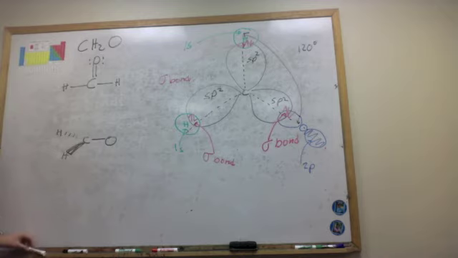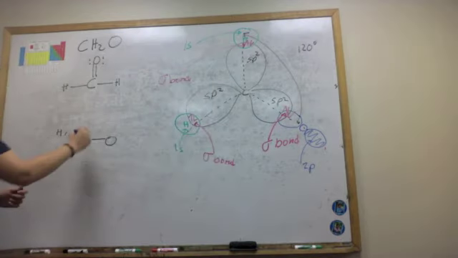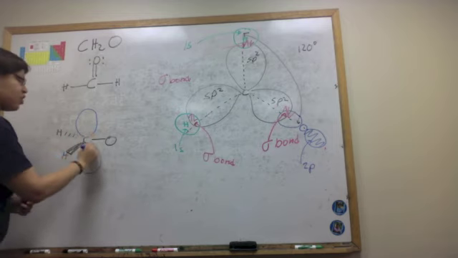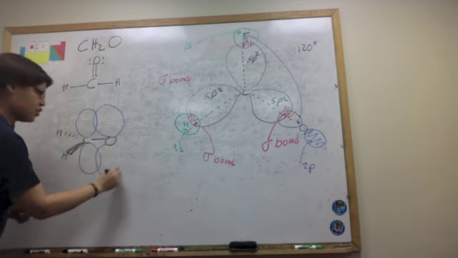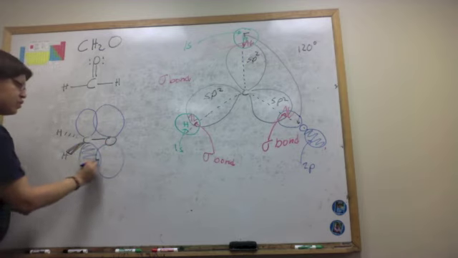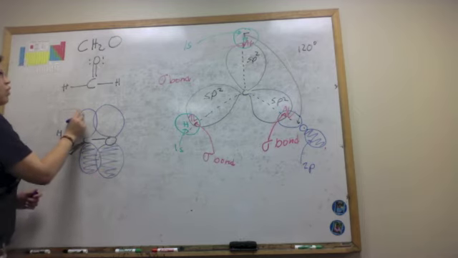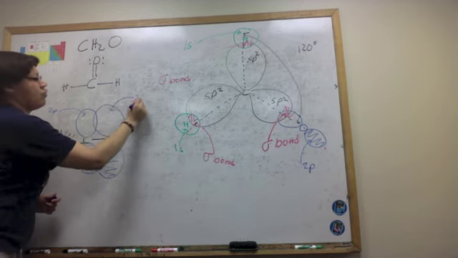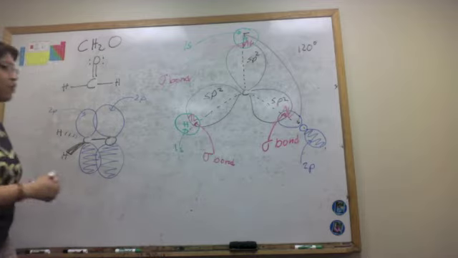Now we can show the overlap between the two unhybridized 2p orbitals, one on oxygen and one on carbon. These two orbitals overlap sideways to form a pi bond.